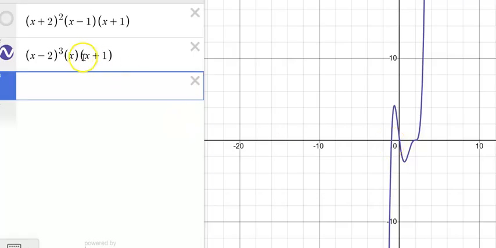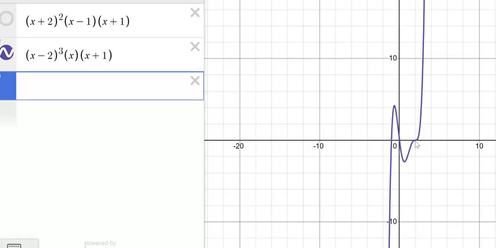But here, this is repeated, so it's really x is 2, x is 2, x is 2, x is 0, and x is negative 1. But because the repeated power is odd, the graph itself doesn't touch, it crosses at that zero, or at that x value.